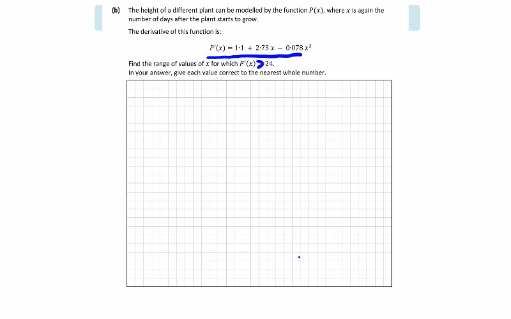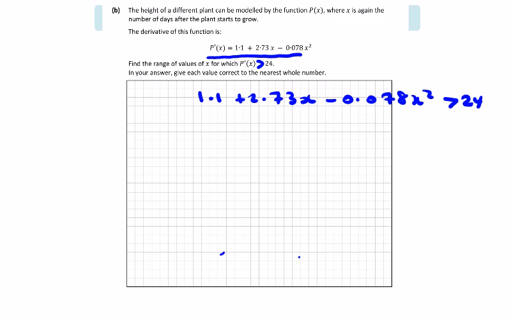It was less than 0 the last time, so we're given the derivative. When is 1.1 plus 2.73x minus 0.078x squared greater than 24? We could multiply by 100, or we could just use the decimals on the calculator.